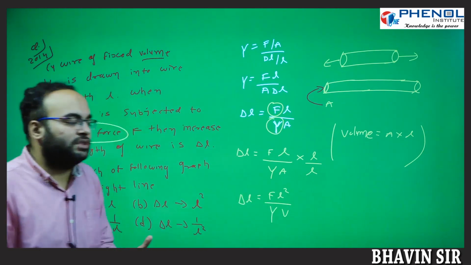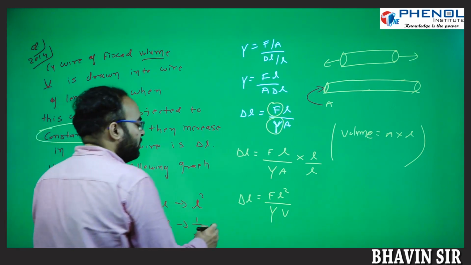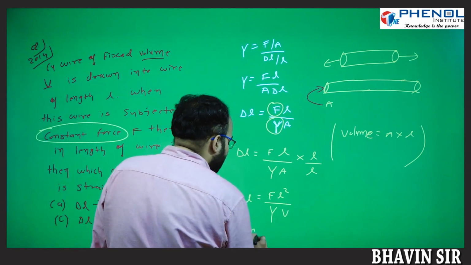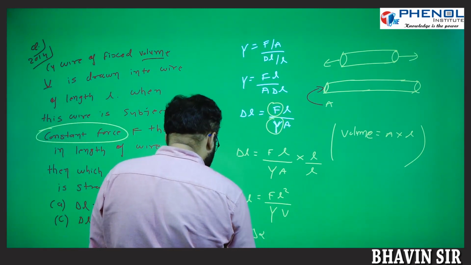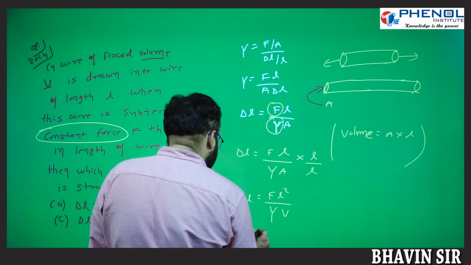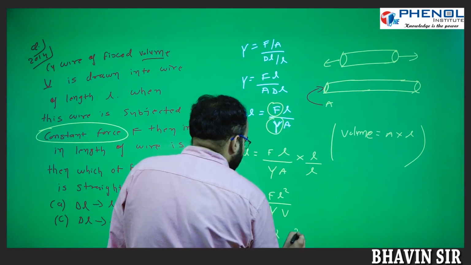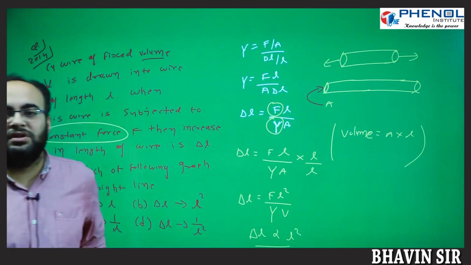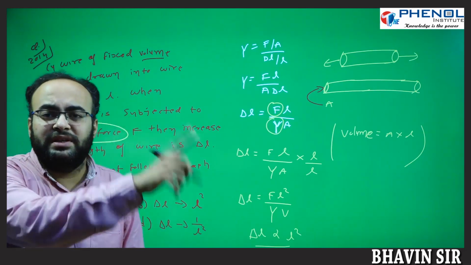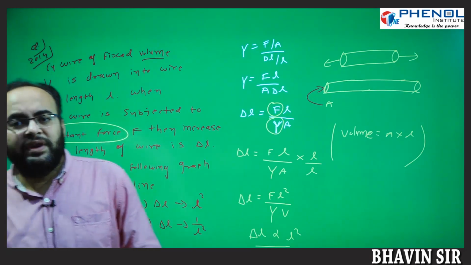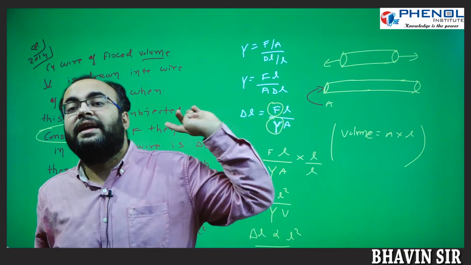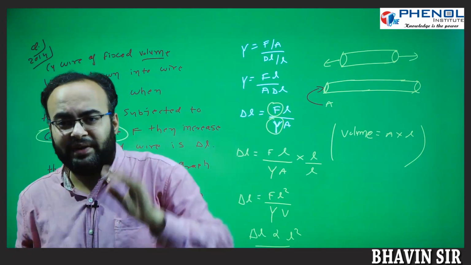Now force is constant, Young modulus is constant, V means volume is constant. So delta L is proportional to L square. So which quantities are directly proportional? Delta L and L square. So if we draw the graph of delta L and L square, then it is a straight line. Why?